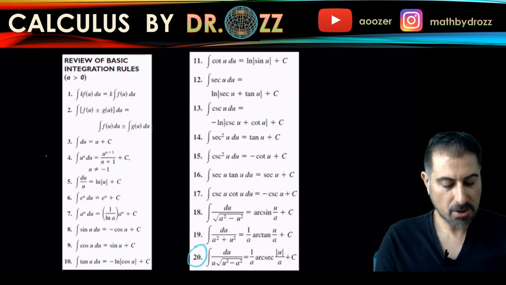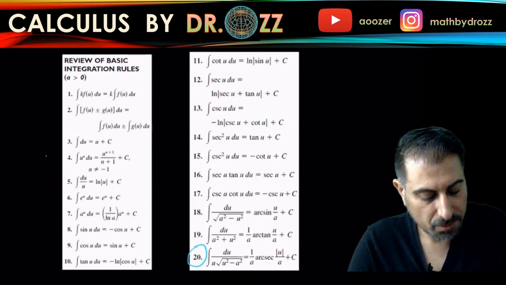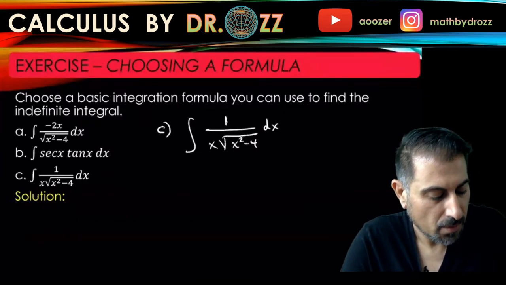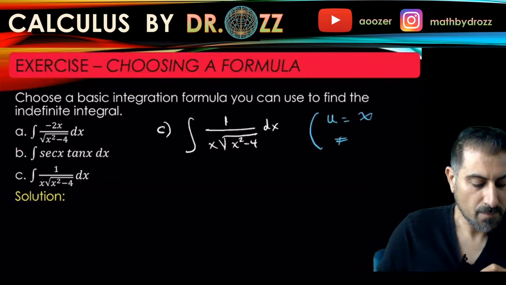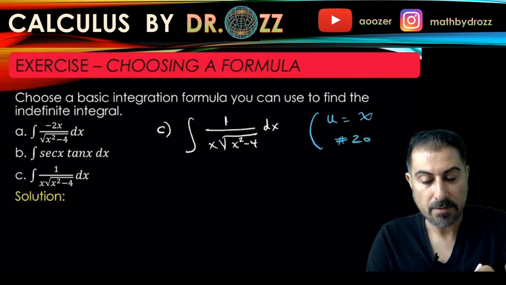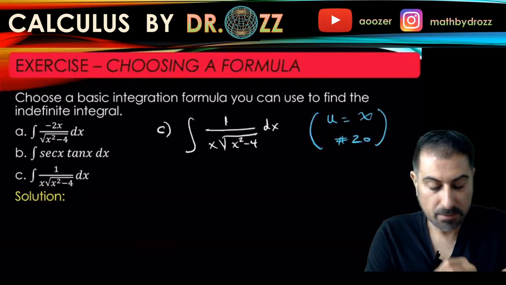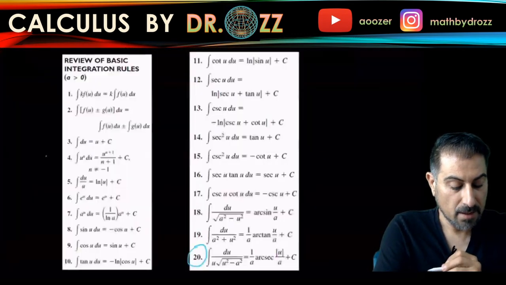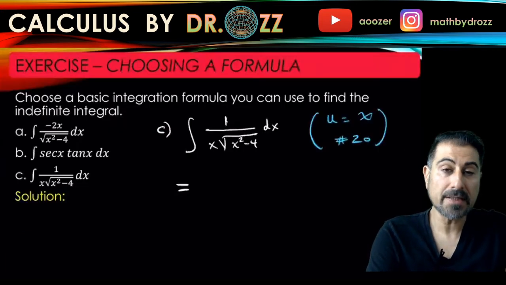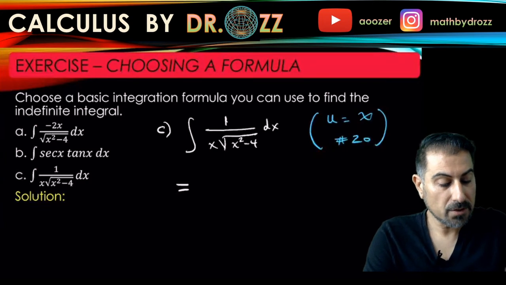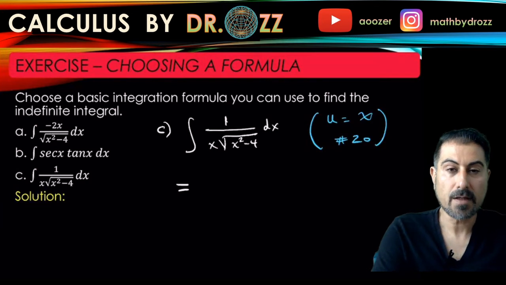So we should check if ours is like u squared minus a squared type stuff. For u equals x, number 20 is in fact what we have here, right? So going back to the formula, I'm going to grab a, and what is a in our case? This is like x squared minus a squared, so essentially this should tell us that a equals 2.